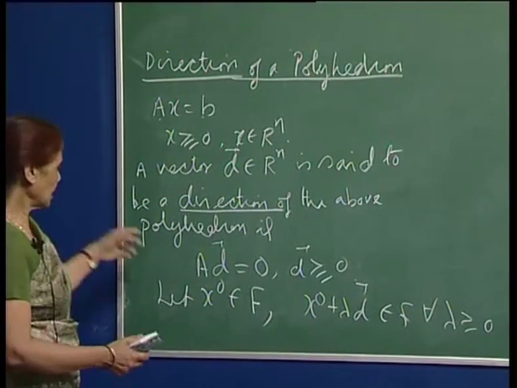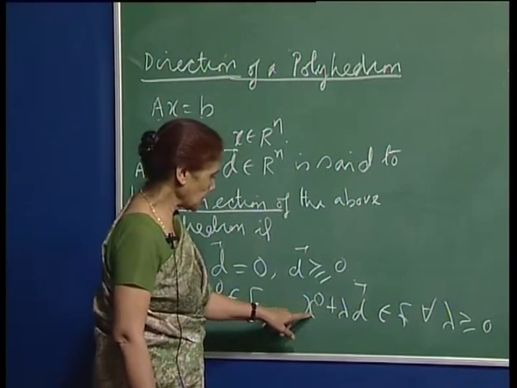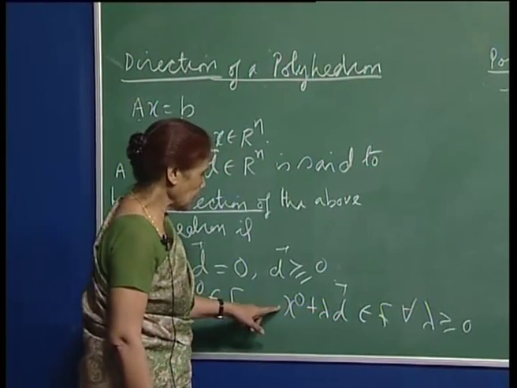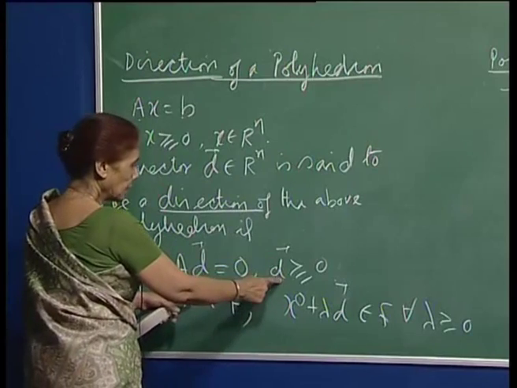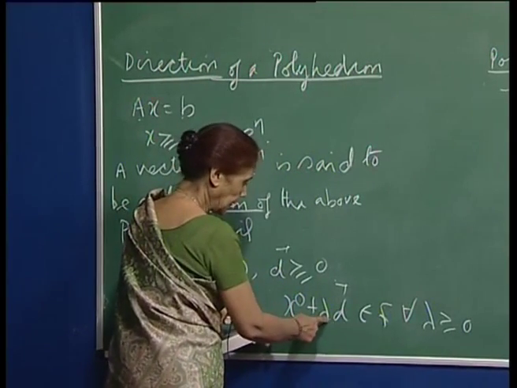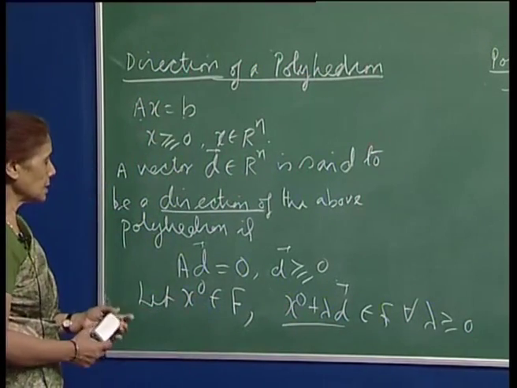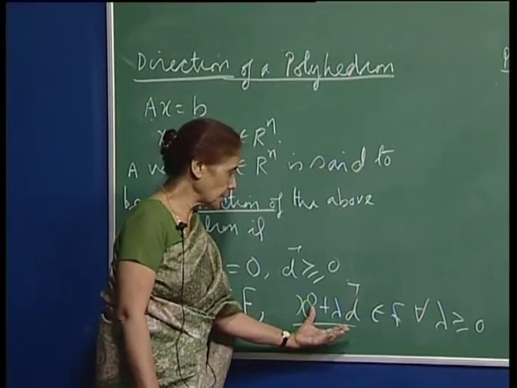Yes, because if you take A of x naught plus lambda d, then it is A x naught plus lambda A d, but A d is 0. So, A x naught will be equal to b, and since all components of d are non-negative, and lambda is non-negative, all the components here are also non-negative. That means, for any lambda positive, this is also a feasible solution.